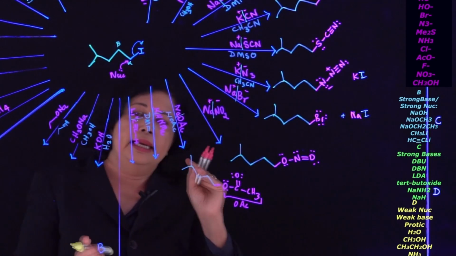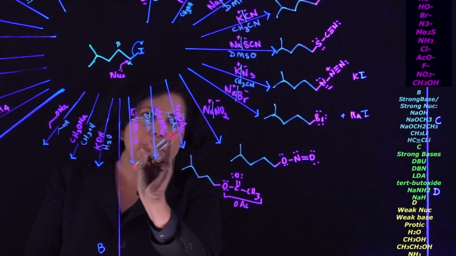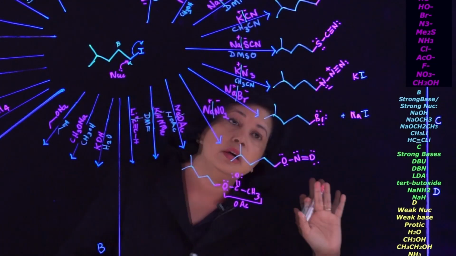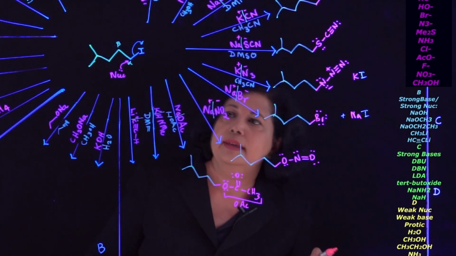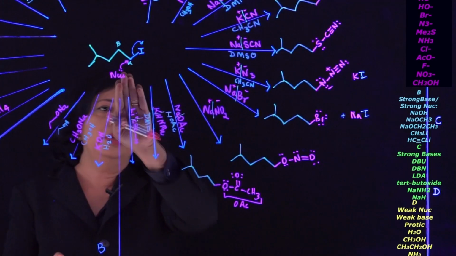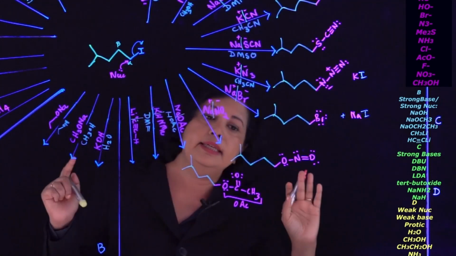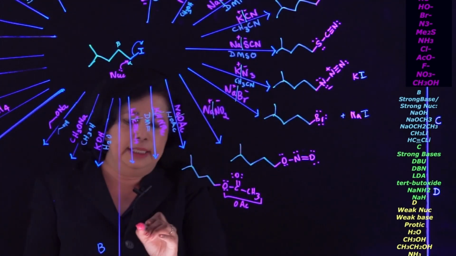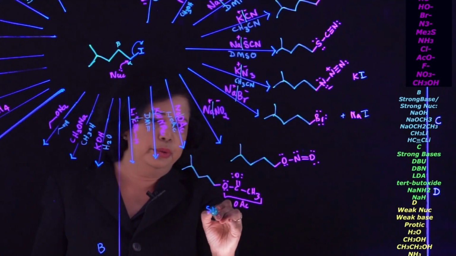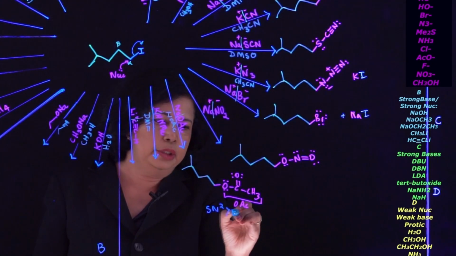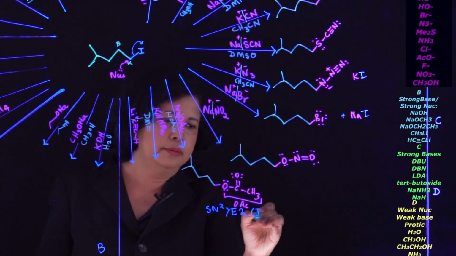KH and Me, again, I grouped them together because they could do E2 if, let's say, you have a tertiary, okay? But here you have a primary, so these would do SN2 more than E2. So I'm going to write that down here. SN2 more than E2 on primary.